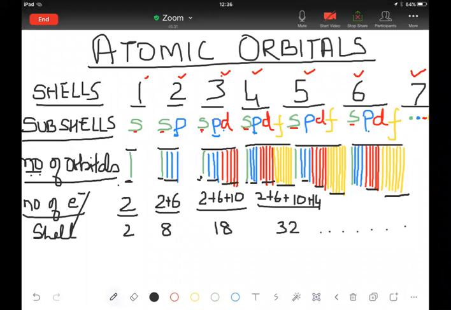But actually what happens is that when the shell arrangement occurs around the nucleus, there can be overlapping. Why? Because the 4s will come before 3d. This I have tried to explain yesterday when we were doing the class.